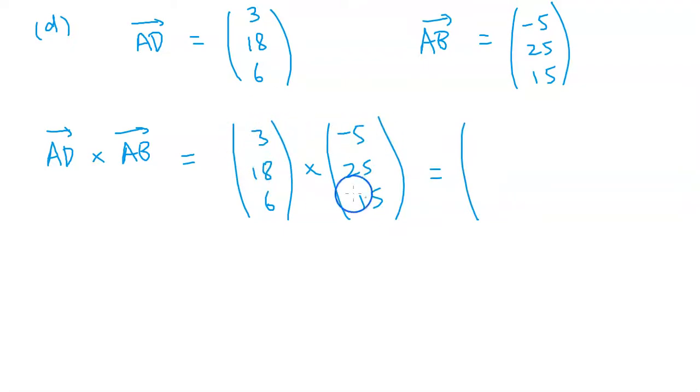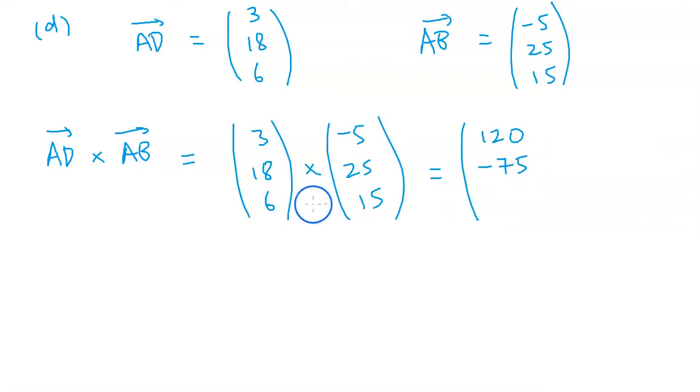So it's 18 times 15 minus 25 times 6, which is 120 according to my calculator. And then for the second one, we delete the second row, and then we do the determinant backwards. So -5 times 6 minus 3 times 15. And even I can do that one without a calculator, hopefully. -5 times 6 is -30, minus 3 times 15 is 45. So I believe that makes -75.